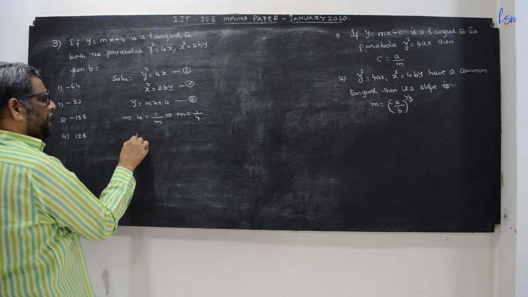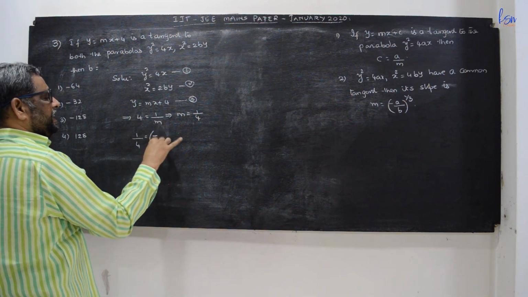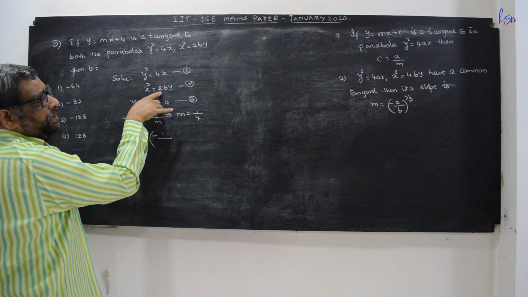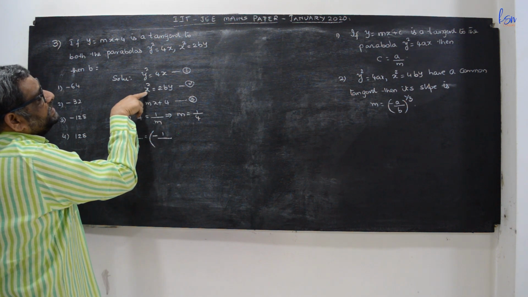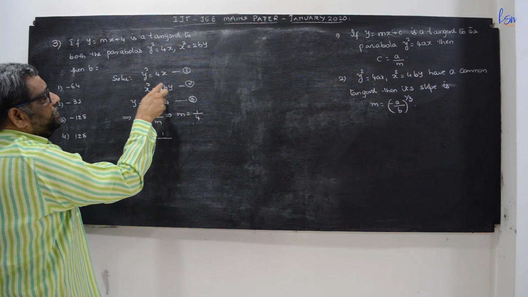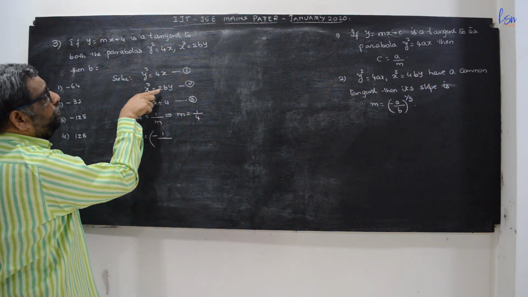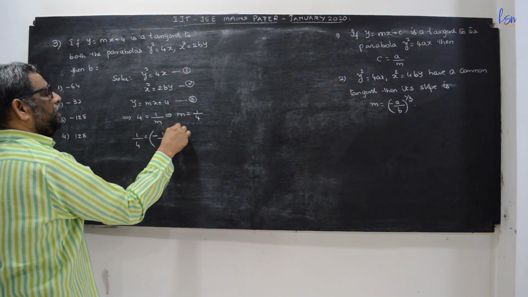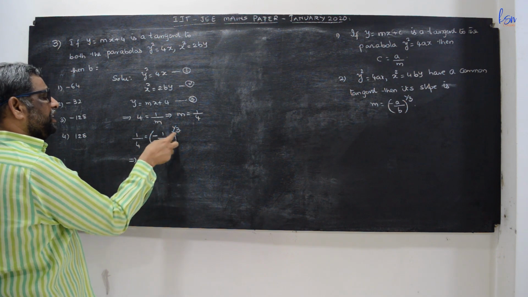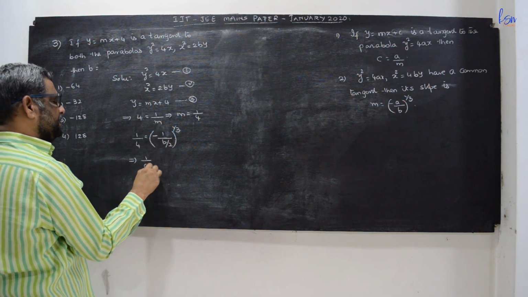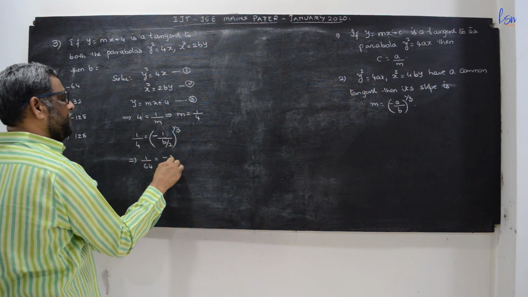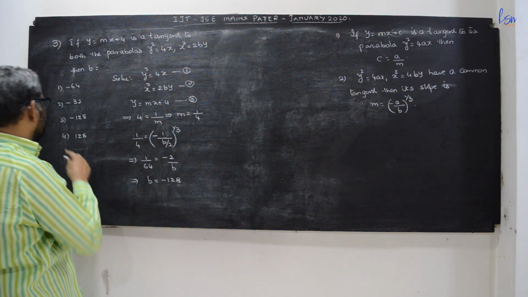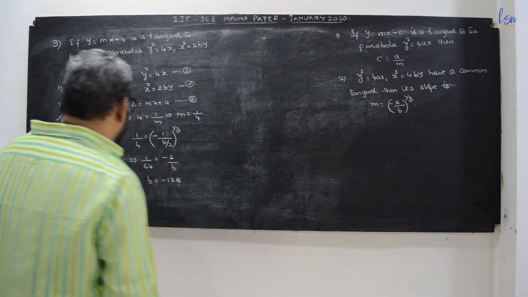So here 1 by 4 is equal to minus, a is 1, and b must be taken in the form x square equal to 4by, but here it is 2b, therefore you can take b as b by 2, whole power 1 by 3. So this is 1 by 64 is equal to minus 2 by b, implies b is equal to minus 128. The third one is the option for this.